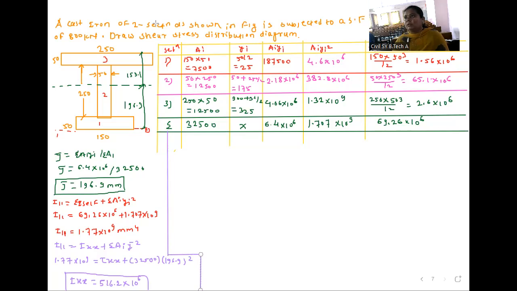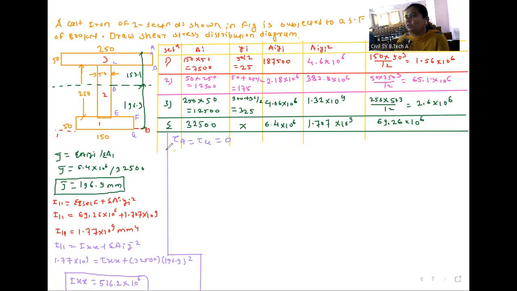Okay, then next is we have to calculate stresses. So suppose this is A point, this is B, C, D, E, F and G. So tau A is equal to tau G is equal to 0.